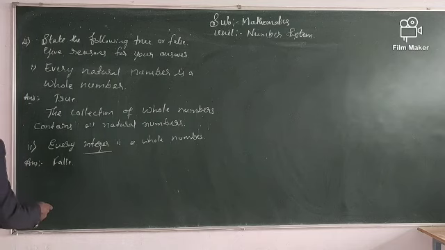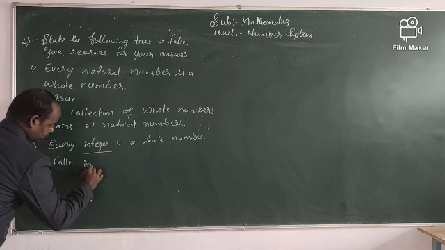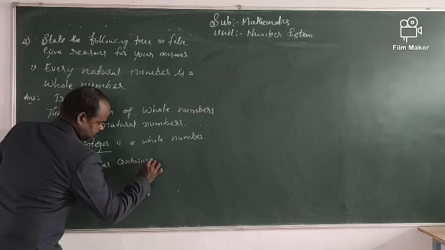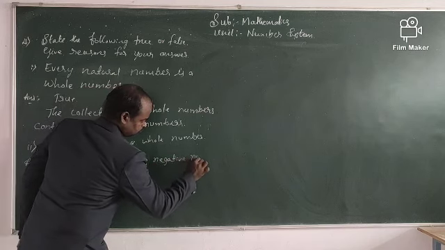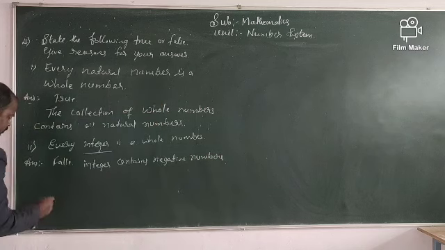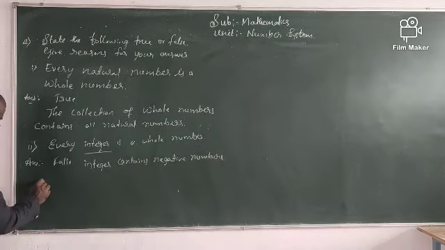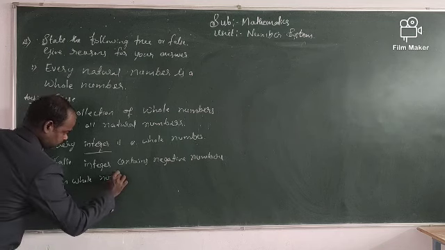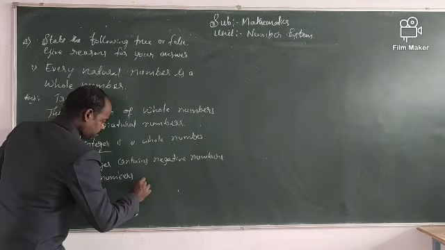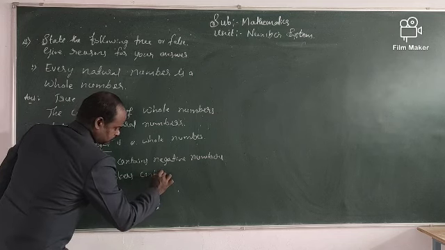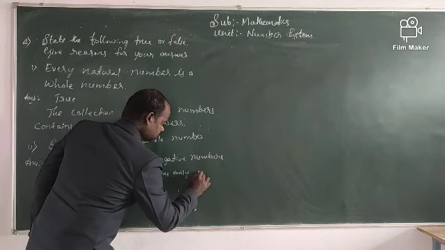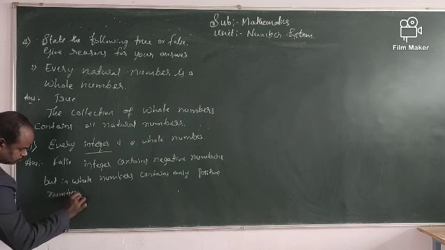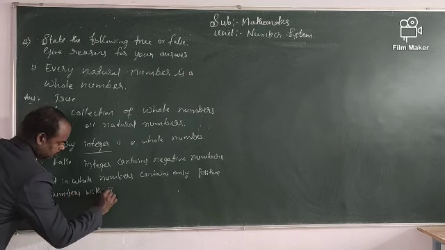Why? Because false. Integers contain negative numbers, but whole numbers contain only positive numbers along with 0.